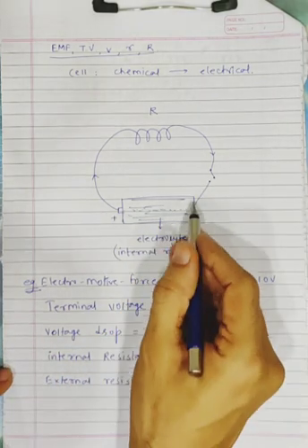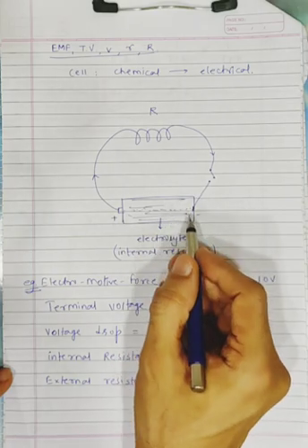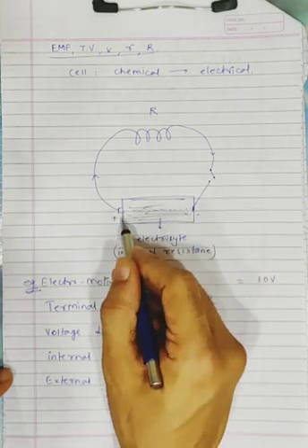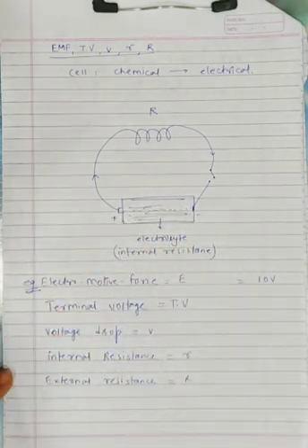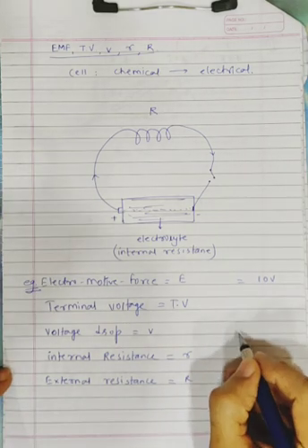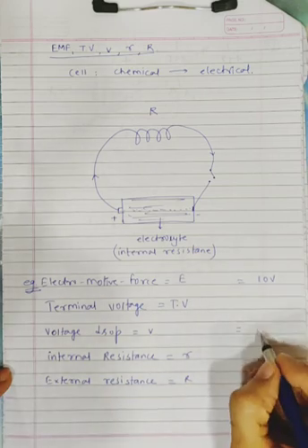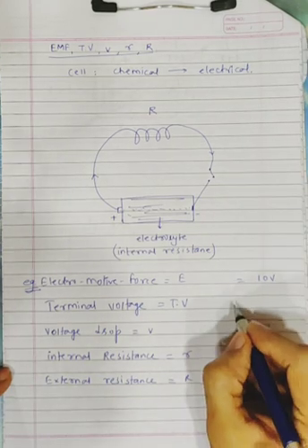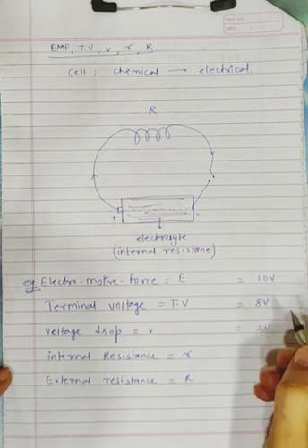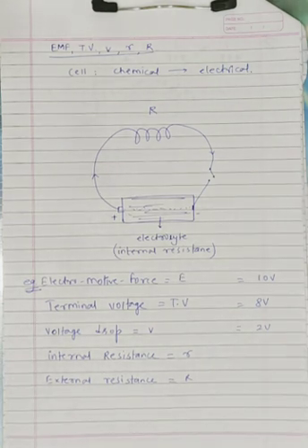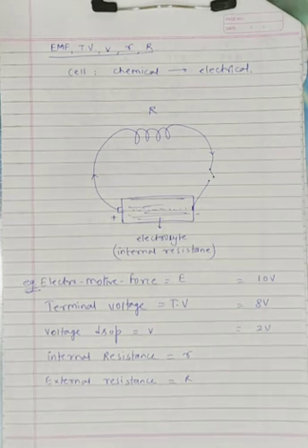Why? Because though the potential difference was 10 volts, it is losing some energy in overcoming the internal resistance, so there is a decrease in the voltage. Let's say the drop in the voltage was 2 volts. Then your terminal voltage becomes 8 volts.